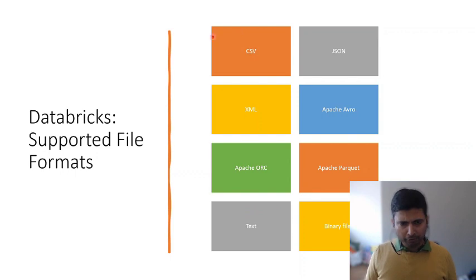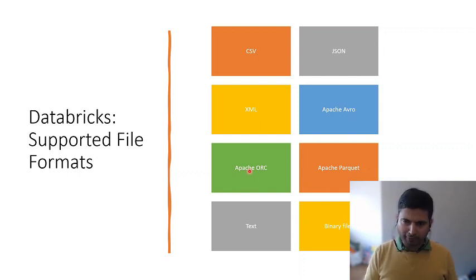So from that point of view, there is a lot of support for CSV files, JSON, XML, and open formats like Apache Avro. I think Avro is a binary data format. It's quite compact and fast, so sometimes people use that. ORC format is also very small and efficient, and it is one of the fastest columnar storage formats. I think it has been used aggressively for Hadoop workloads.